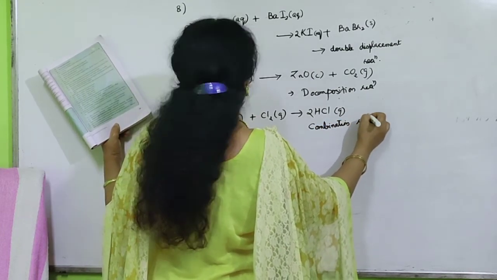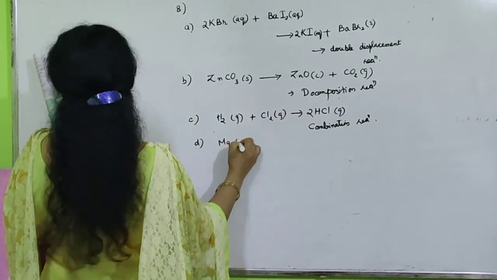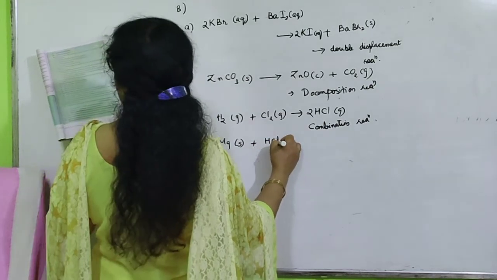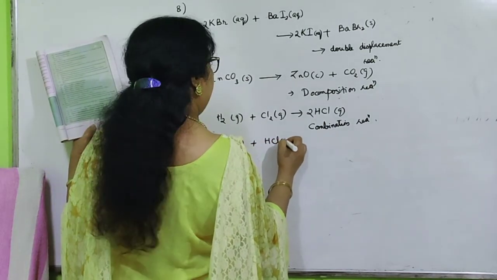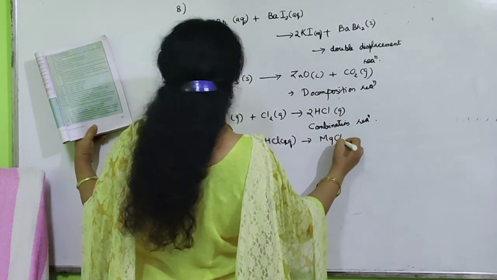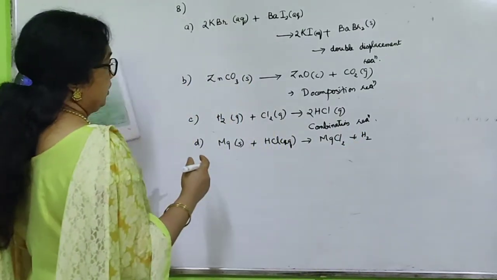Combination reaction. And the fourth one: magnesium reacts with hydrochloric acid, HCl, giving magnesium chloride, MgCl2, plus hydrogen.